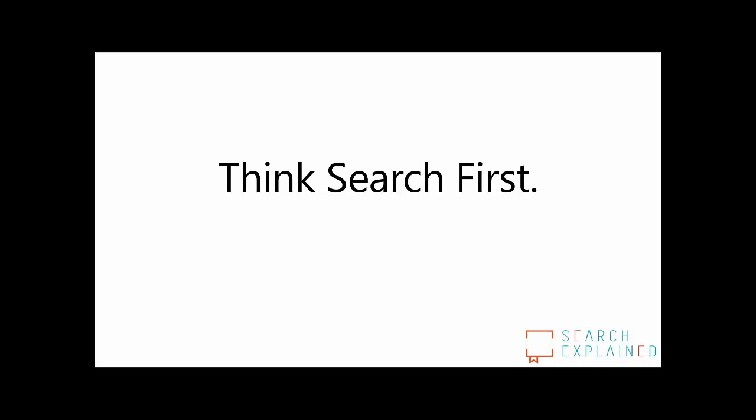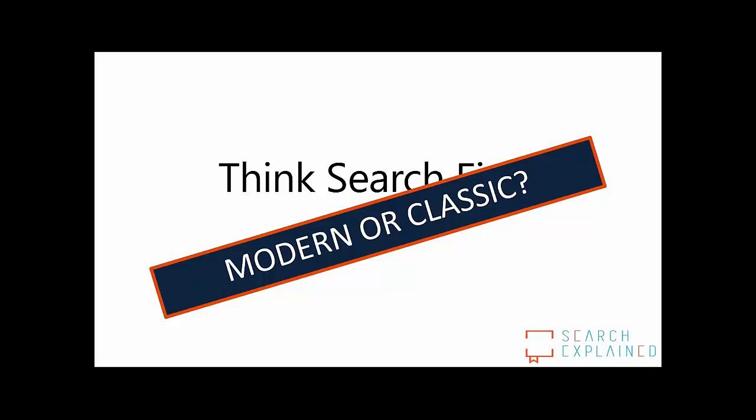And when I say think search first, you might ask modern or classic. If I want to think about the personalized, modern, new, shiny search in Office 365 or the classic search, because as you just saw, they are different, they need different approaches, and they need different ways of optimizing the content.